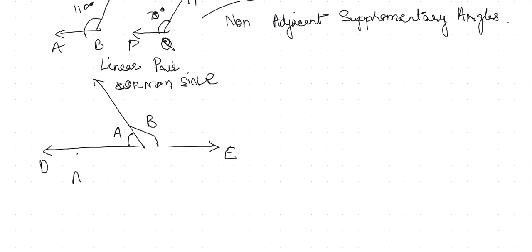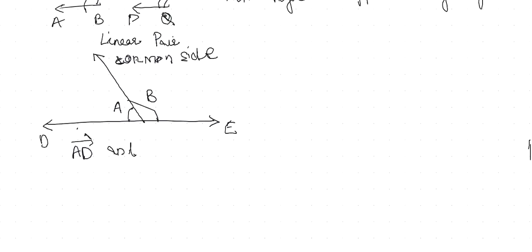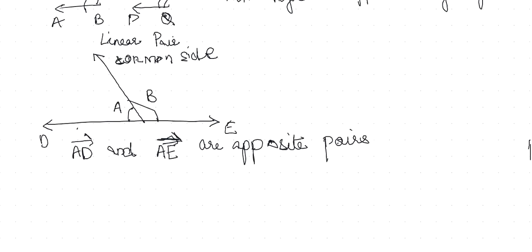So AD and AE are opposite rays. These are known as linear pairs.